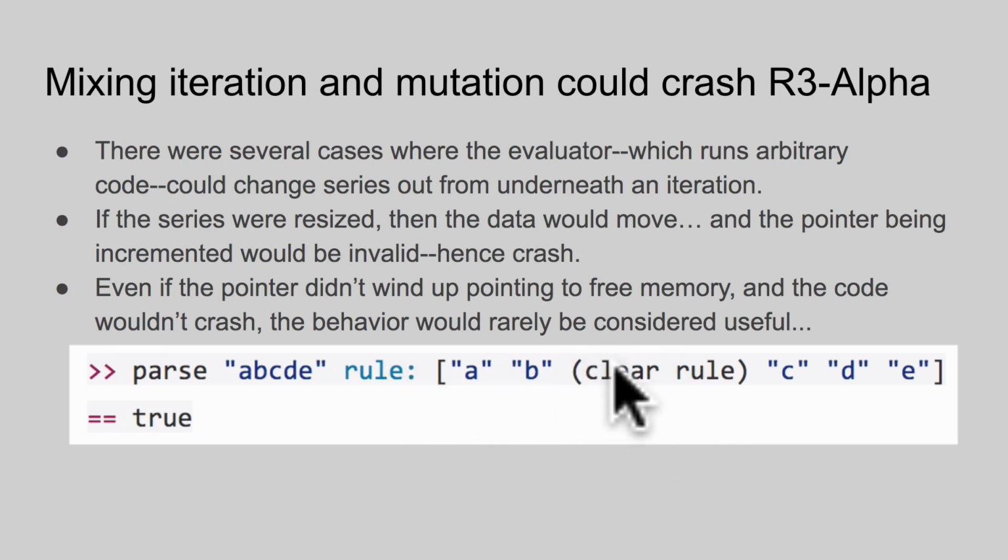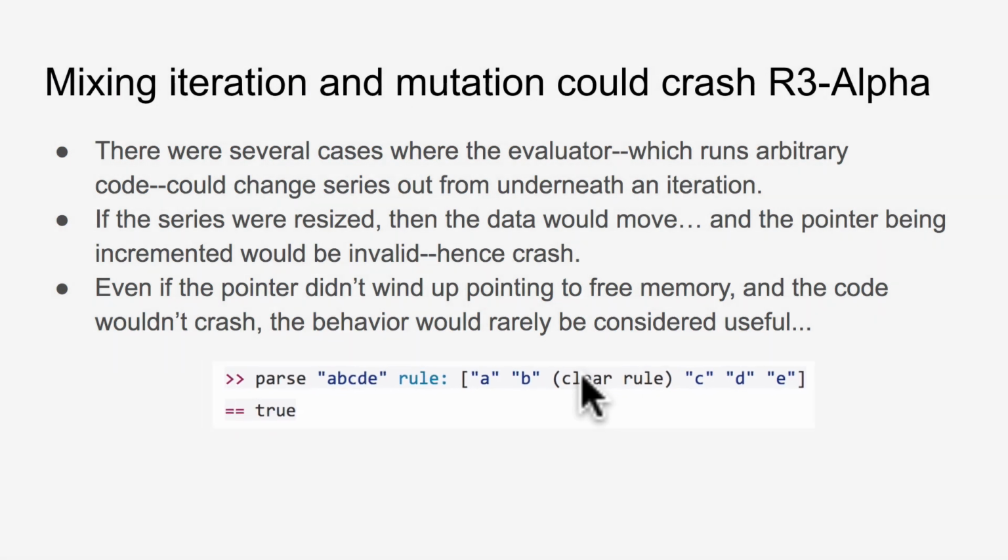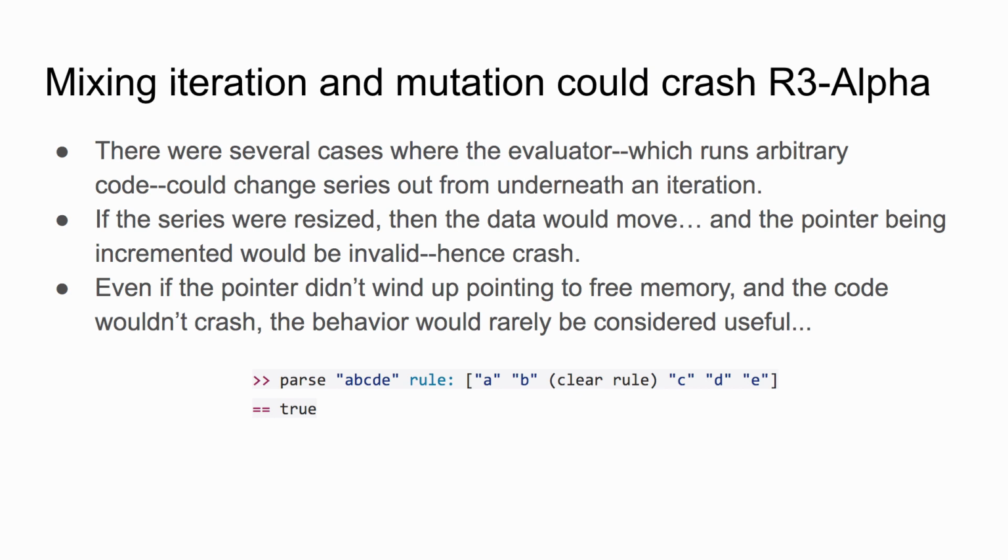You would have this kind of problem during an evaluation if you run a do. And you didn't usually notice it crashing, because when you clear a rule, it wouldn't actually generally free or reclaim the memory. You're just stepping outside of the bounds of your array.